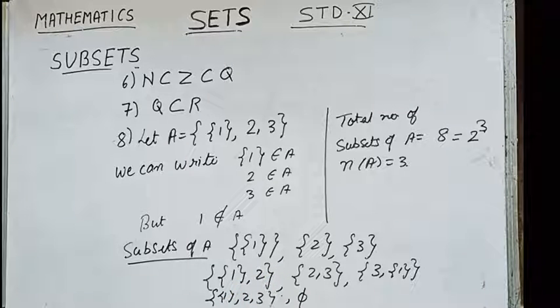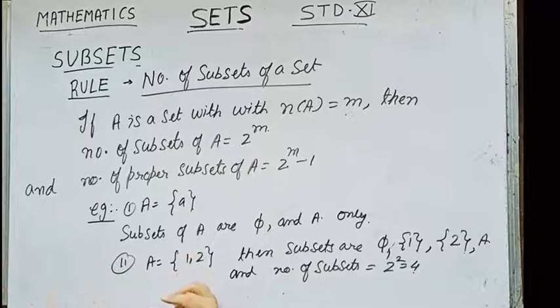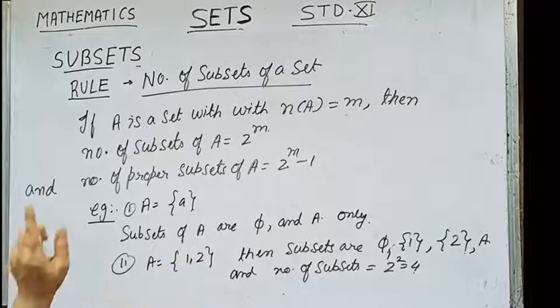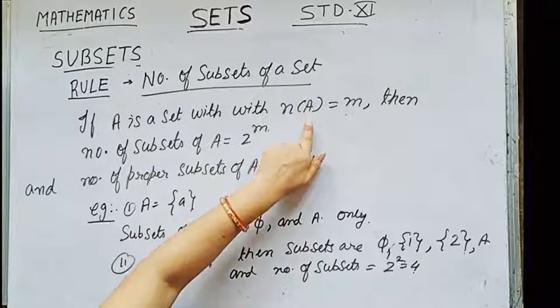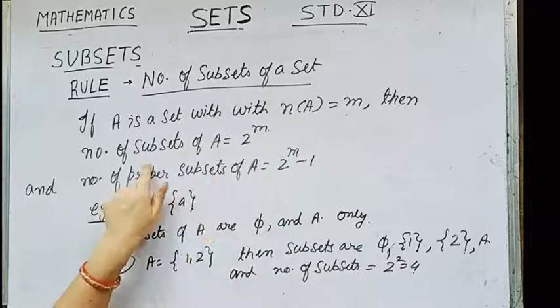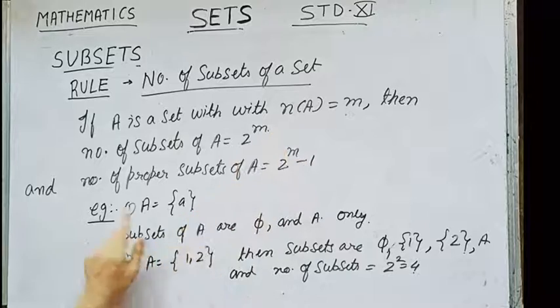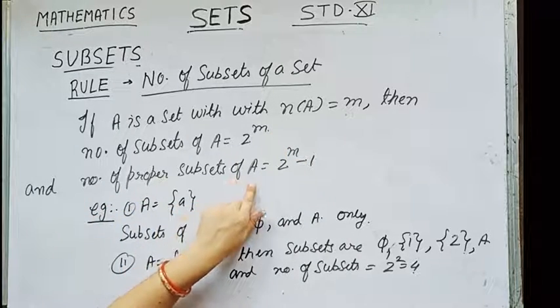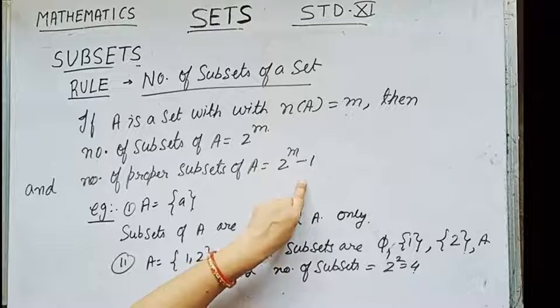So we write the formula now. Children, now we can write the rule for the number of the subsets of a set. If A is a set with the number of the elements in the set A equal to m, then the number of the subsets of A equals 2 to the power m, and the number of the proper subsets of A equals 2 to the power m minus 1.